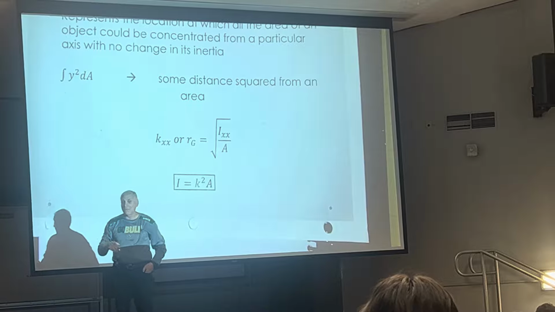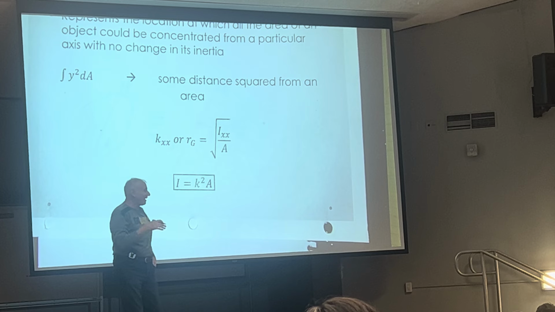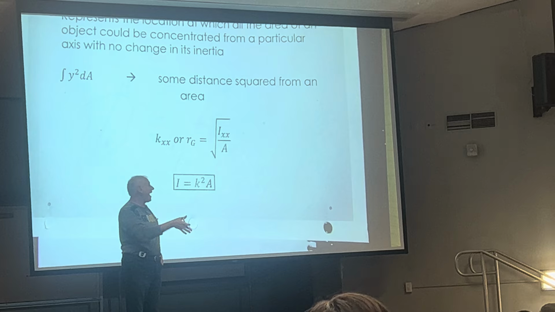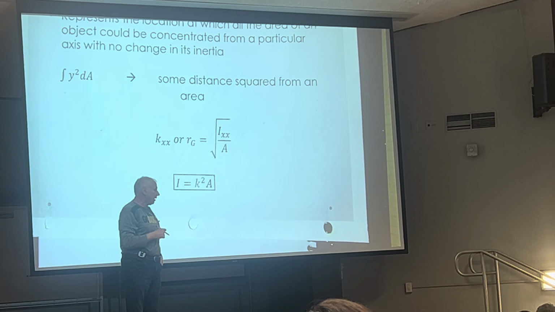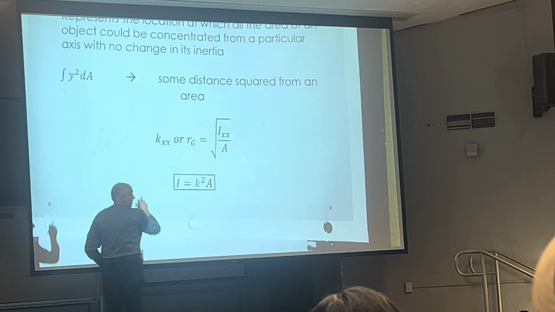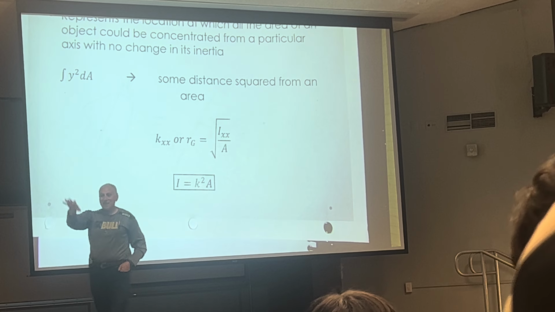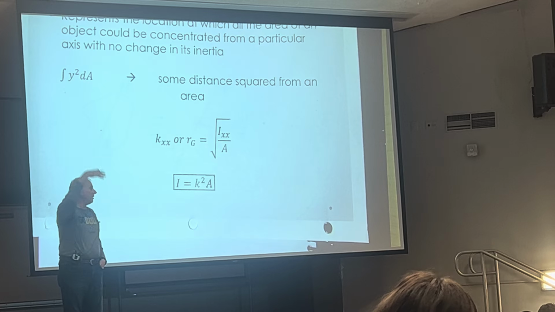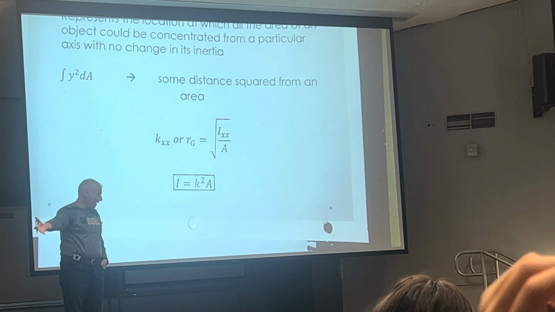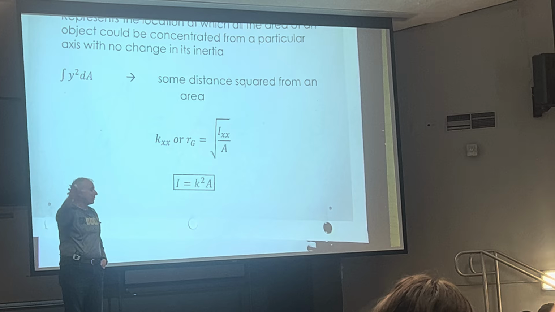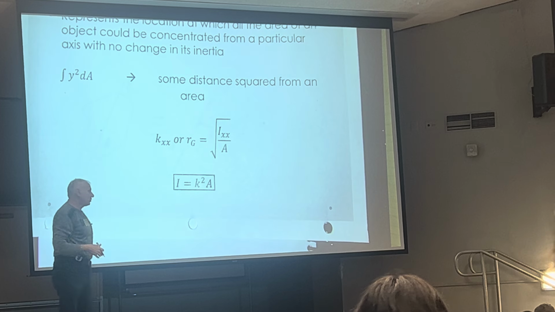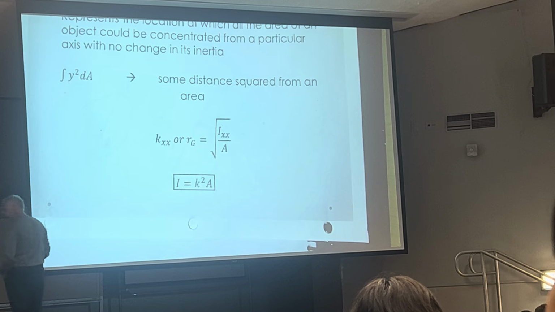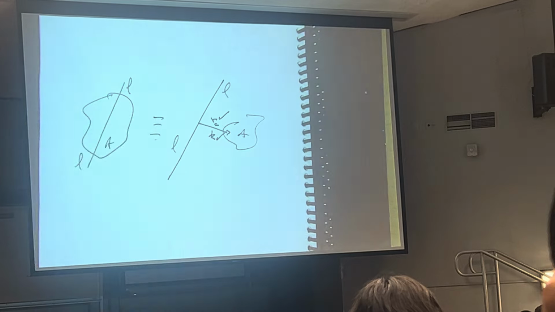So if I ever ask you for a radius of gyration, it's a calculation: the square root of whatever I value you're looking at divided by the total area. Where does this come into play? When you're designing columns. In next class, there's a whole chapter on columns, and you'll see the equations have R in them. Okay?